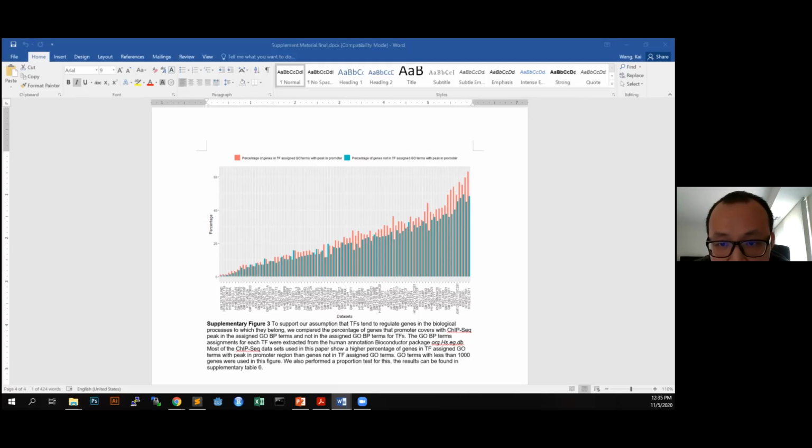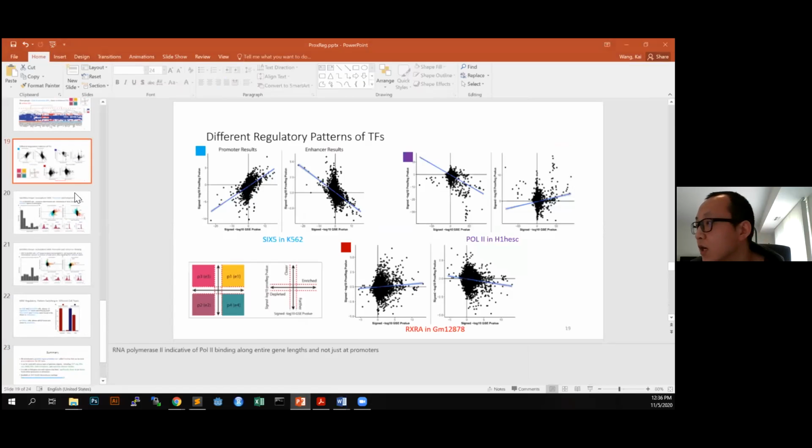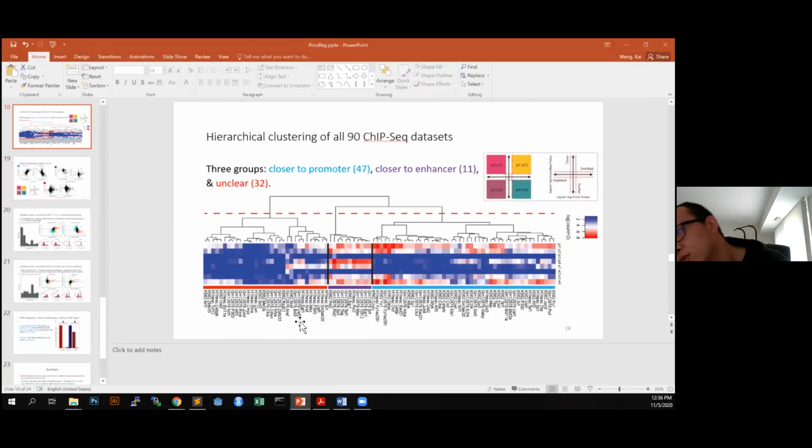The second question is about the arrangement between enhancer and promoter binding, and what's known about each category. Oh, for pole 2, let me see first.